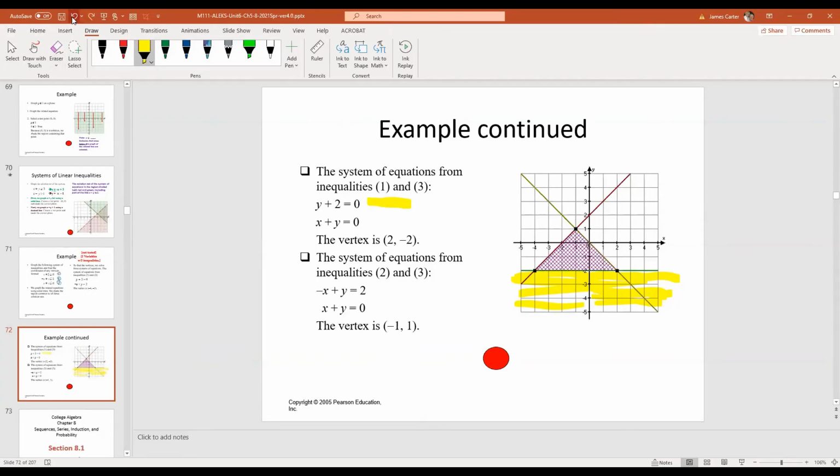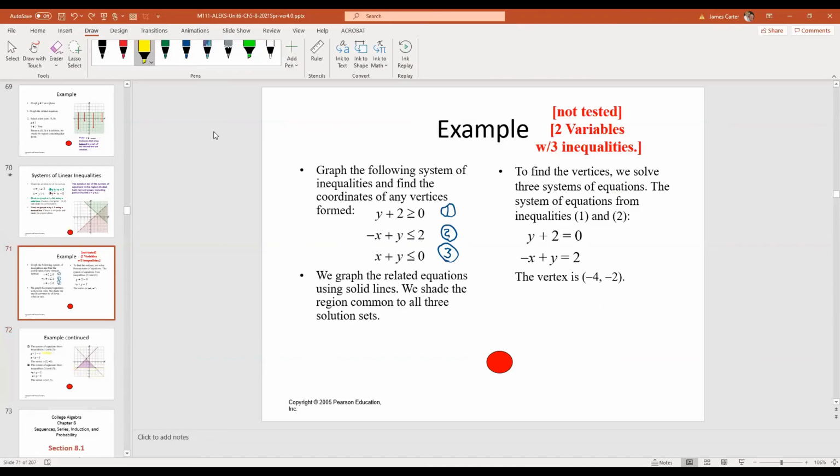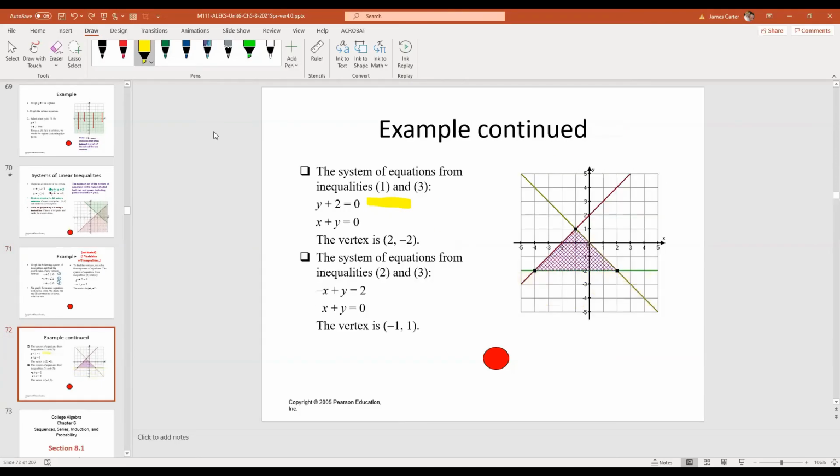That's a greater than in the original problem. In the original problem, that one was greater, and then the next two are less. So in this problem, everything up here counts.